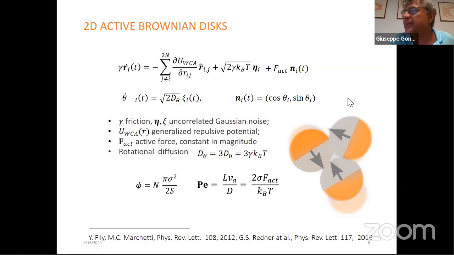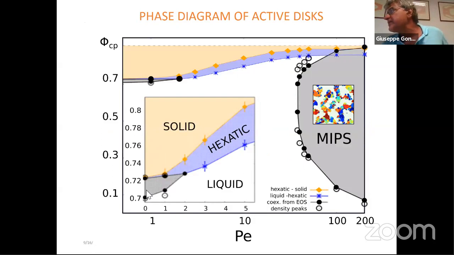So in this model, you have two basic parameters to be changed, which are the density and the intensity of the force. And this is the main result of our research. On the right, you have the mobility-induced phase separation. This is Peclet, proportional to the intensity of the active force.